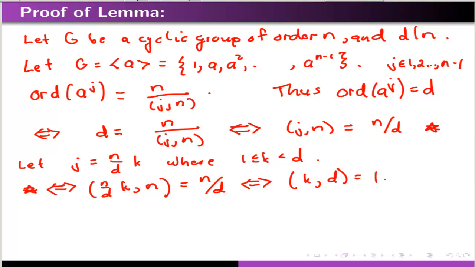So k should be relatively prime to d, and k marches from 1 up to d, so that implies there exist phi of d choices for k. QED. So there are precisely phi of d values of j that give us the order to be what we want.